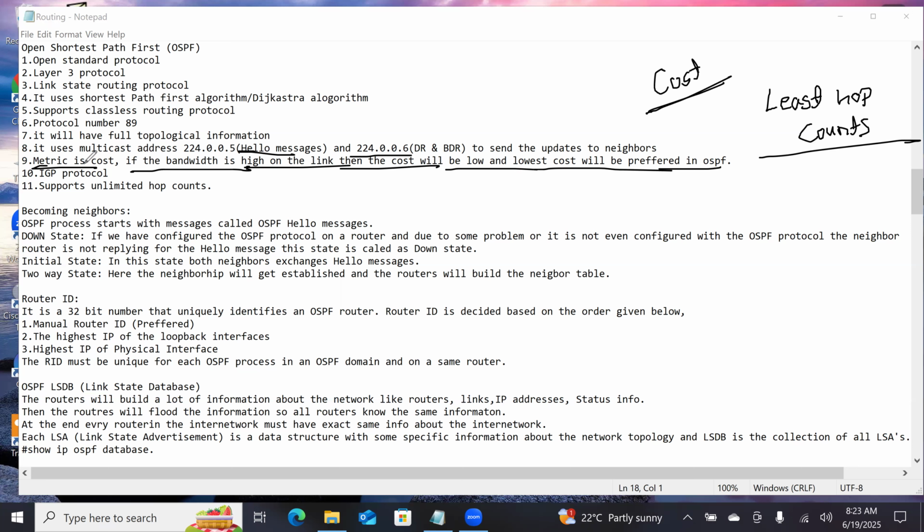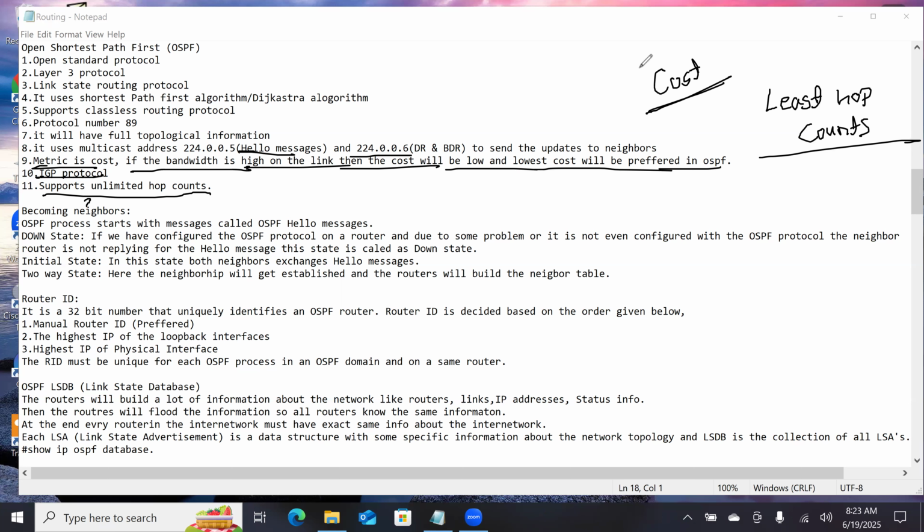Clear? So it is an IGP protocol. IGP means what? Interior Gateway Protocol. And it supports unlimited hop counts. What was the hop count limit in RIP?